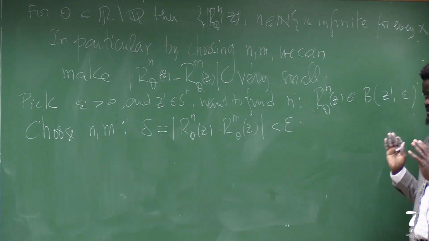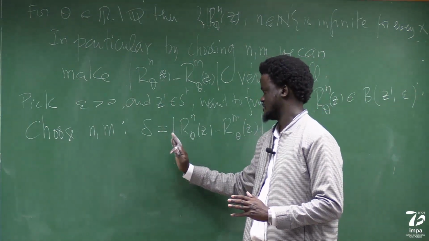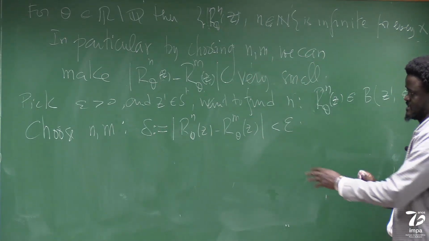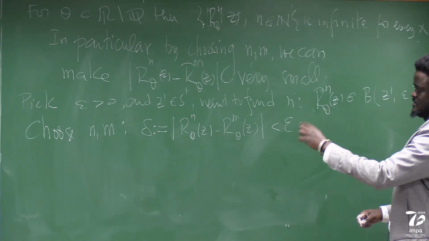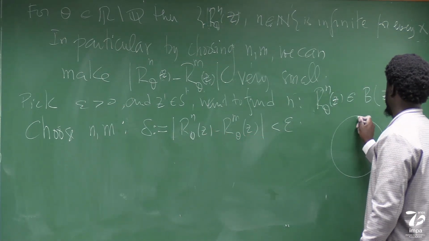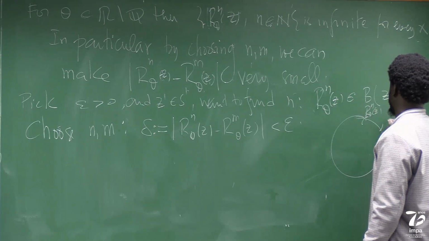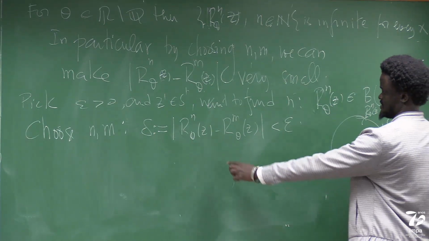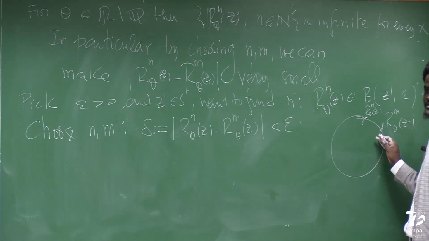This delta is fixed. By absolute value I mean the length, so I'm here on S1: this is R_theta^n z, and this is R_theta^m z. I'm abusing notation a little by writing absolute value, but I mean the length, the measure, of this arc.